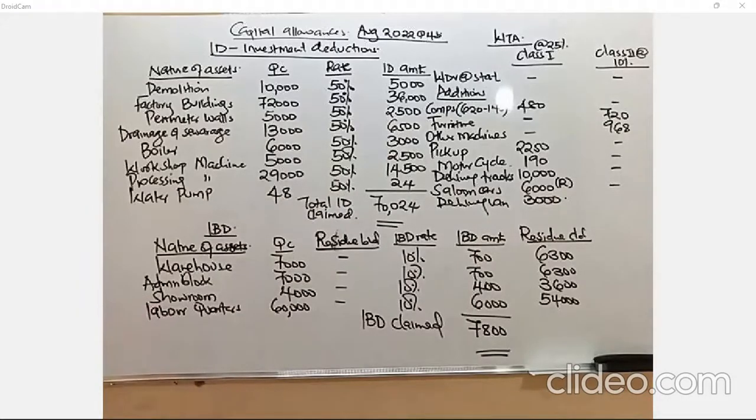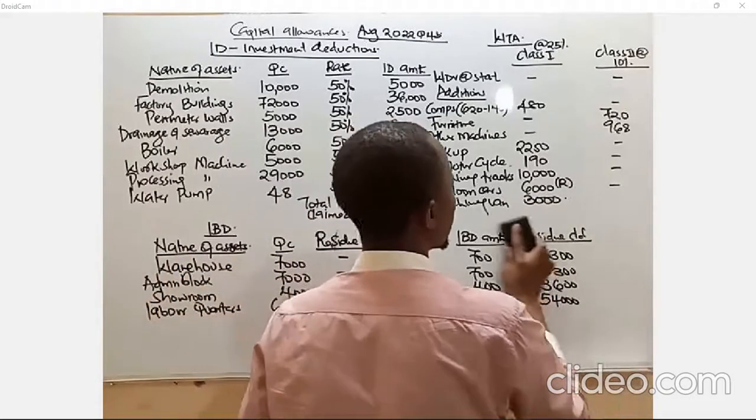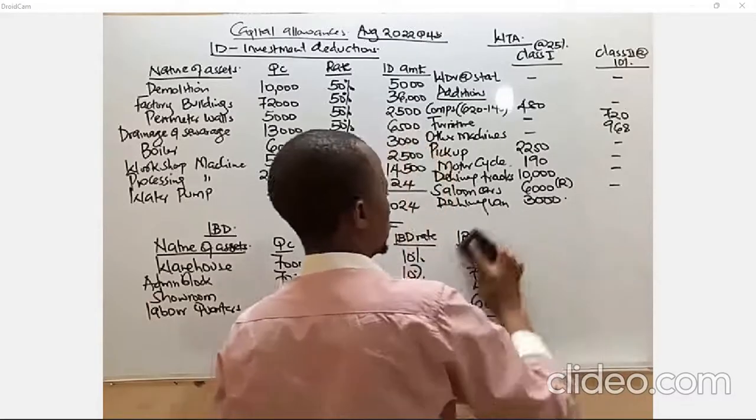Now, remember we have a disposal here, right? We have some disposals. So how much was the disposal? How much are the disposal values? 1.6.